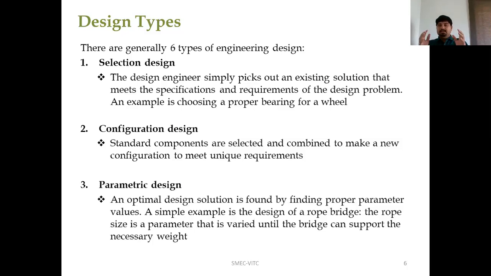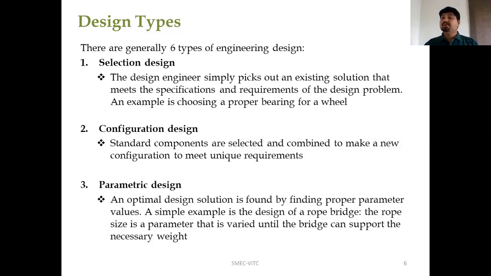So it is the selection of one particular commodity which suits the entire product and fits into that particular slot. Examples are the selection of a bearing, coupling, bolts, nuts, or a suitable mating part for this particular assembly. All these things come into selection design. So we call this selection design.